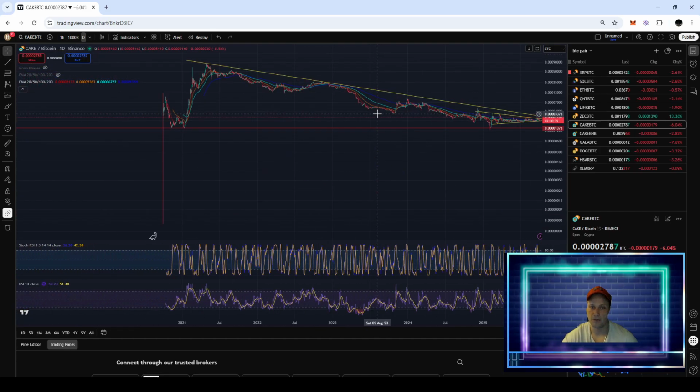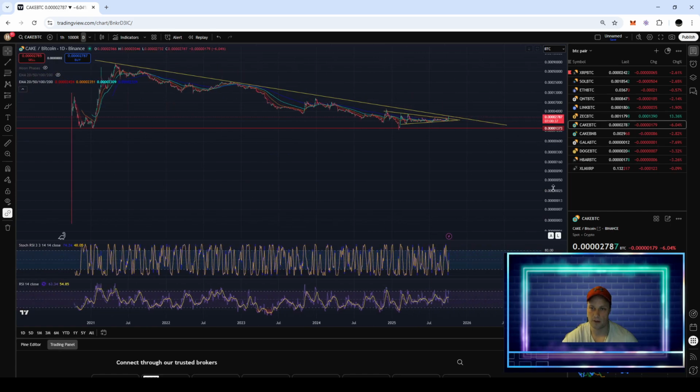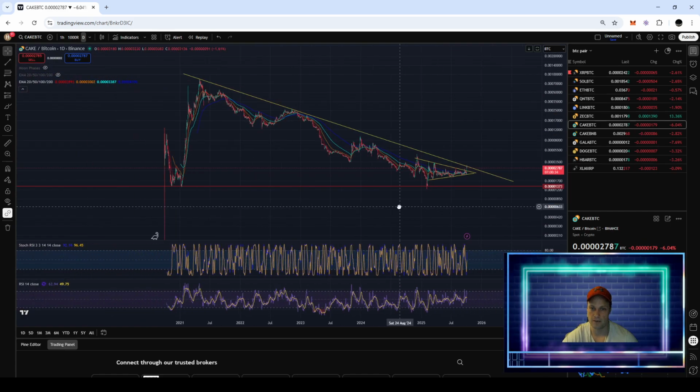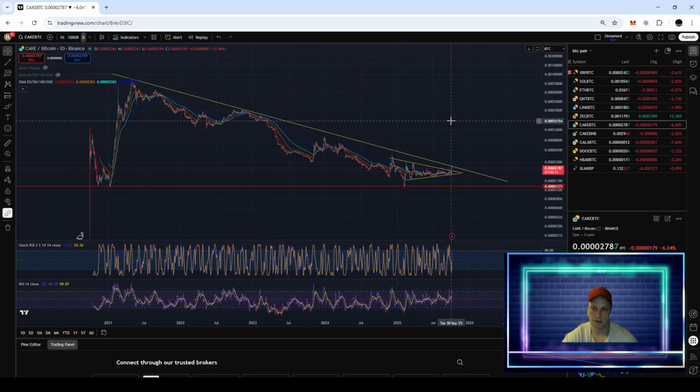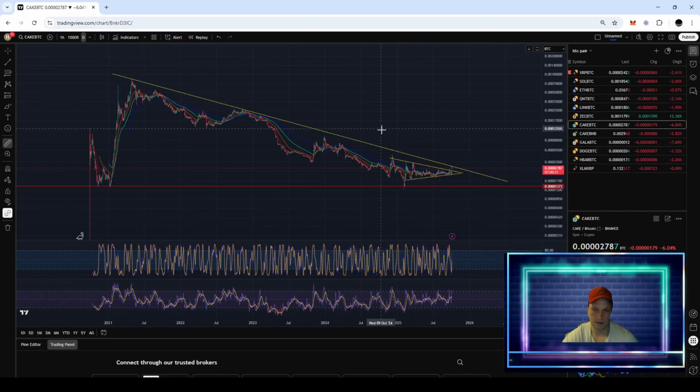So imagine if we're breaking out against Bitcoin on the higher time frame. Imagine the possibilities here also, which is quite nuts. Even if you go back to here, I would say this is a big level of resistance. It's another 500%, which is absolutely nuts.